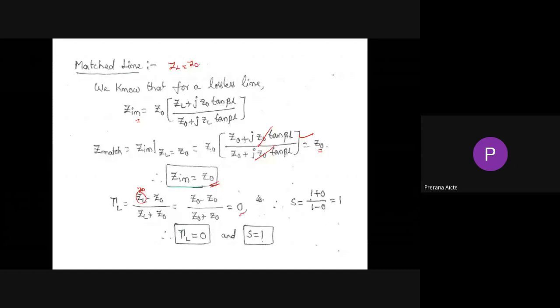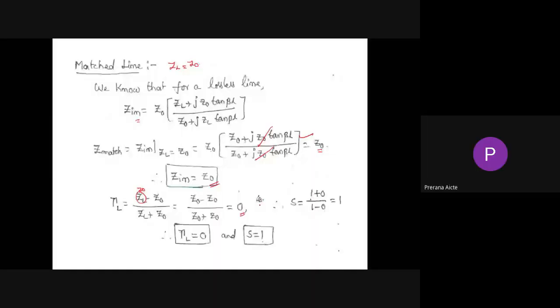Therefore, the reflection coefficient is 0. So the reflection coefficient being 0 means none of the voltage or current is reflected back to the source. Whatever power is generated by the source is transmitted along the transmission line.